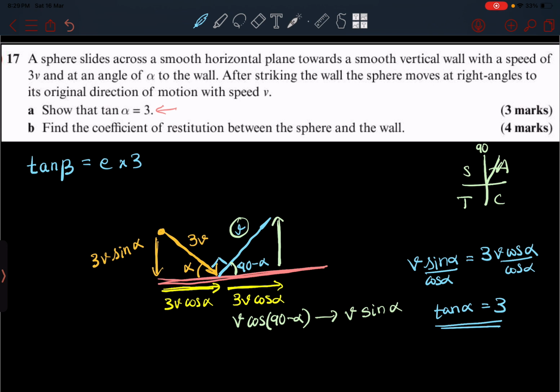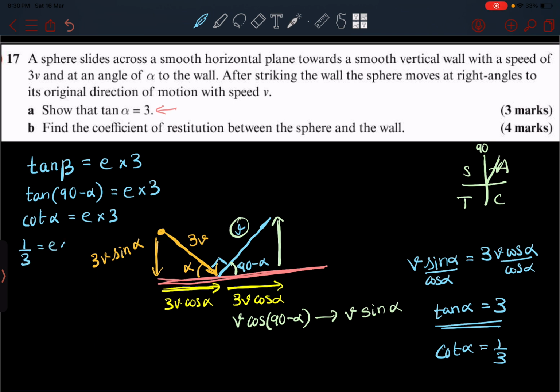Now, beta is 90 minus alpha, so tan of 90 minus alpha equals E times 3. Tan of 90 minus alpha is cot alpha, which equals E times 3. If tan alpha is 3, then cot alpha is 1/3. So I now have 1/3 equals E times 3, or E is equal to 1/9.